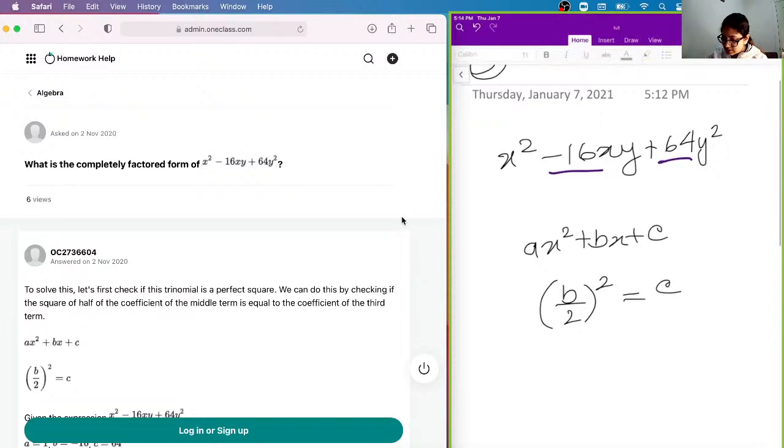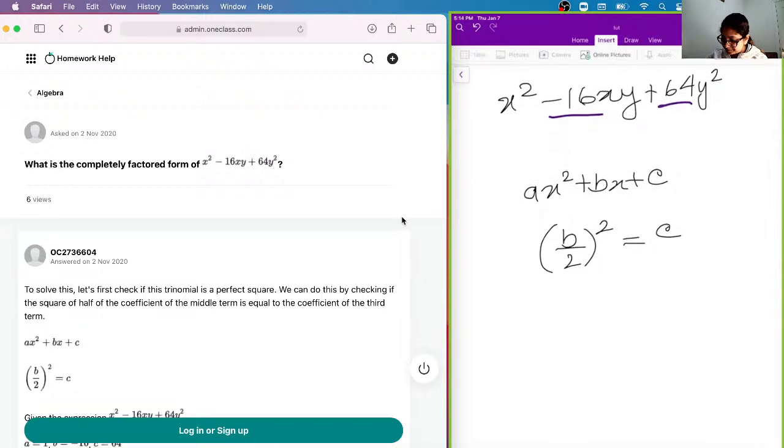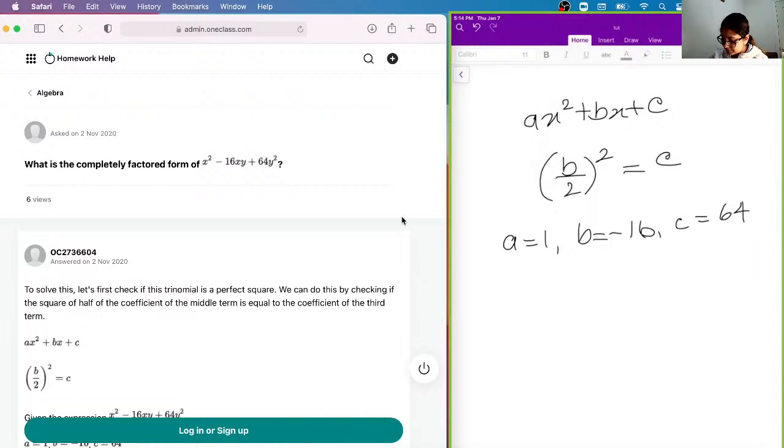And from our equation, we could say a is equal to 1, b is equal to -16, c is equal to 64. Having that in mind, we can now put these numbers into this equation and check if this equals our third term.